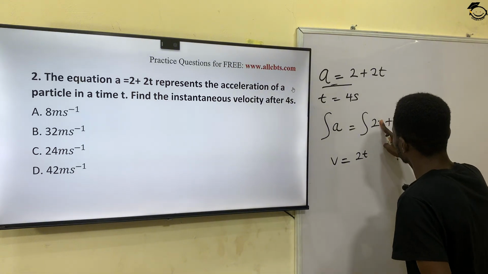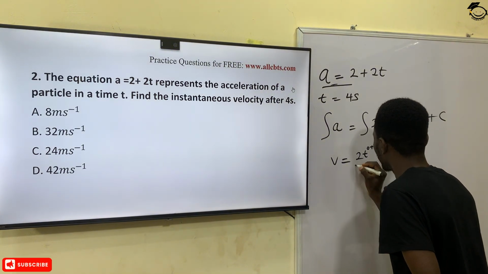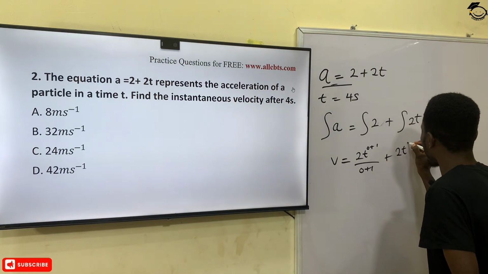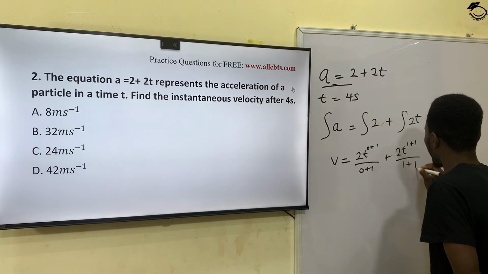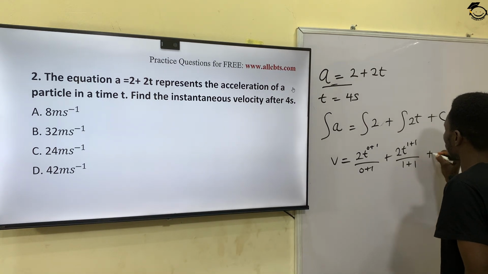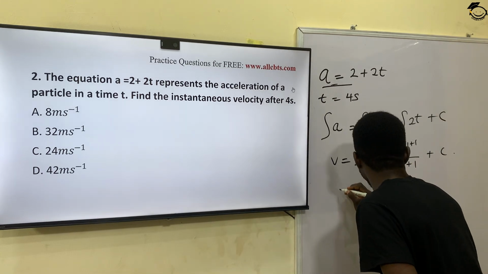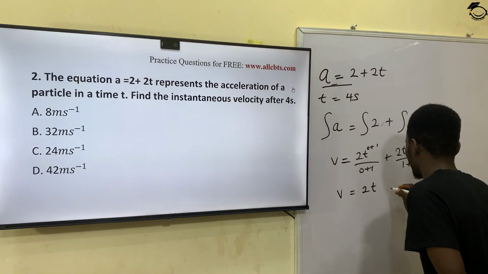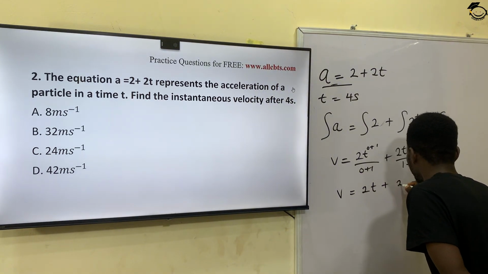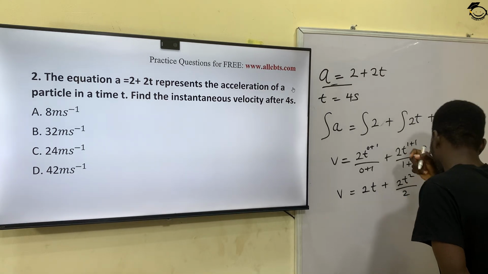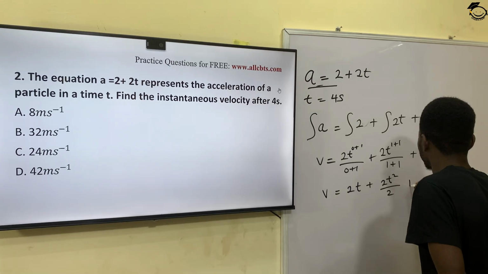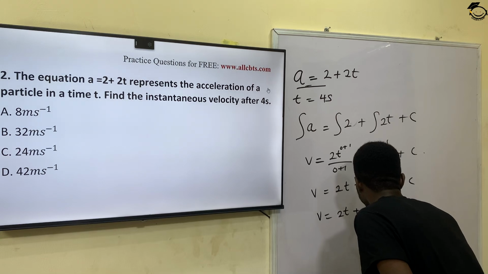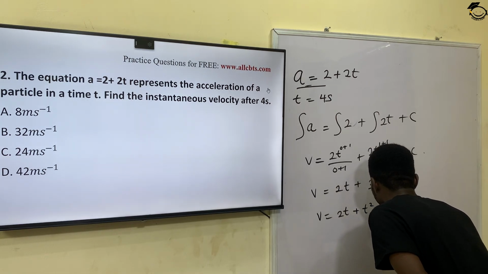So this will become 2t raised to power 0 plus 1 over 0 plus 1, then plus 2t raised to power 1 plus 1 over 1 plus 1, and that is plus c. So my velocity here is going to give me 2t plus 2t squared over 2, plus c. So at the end of the day, I'll have v equals 2t plus t squared plus c.